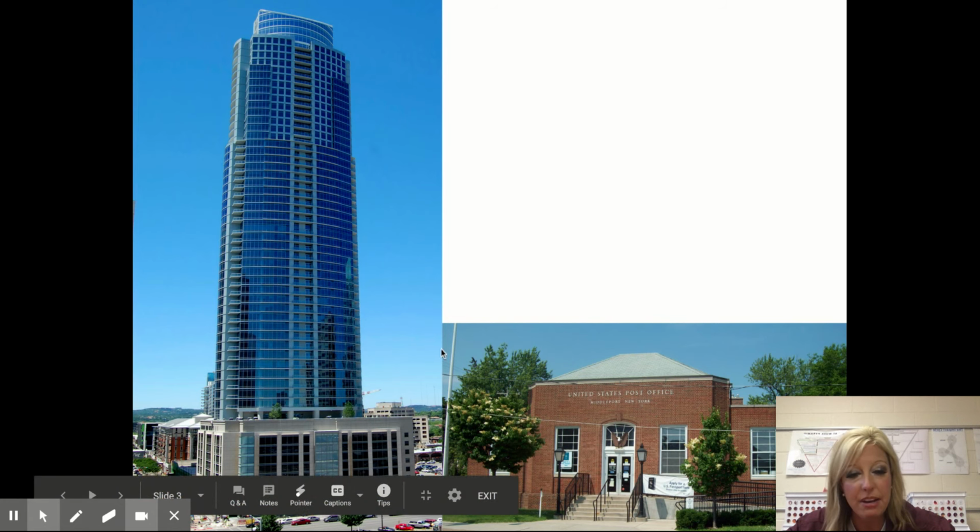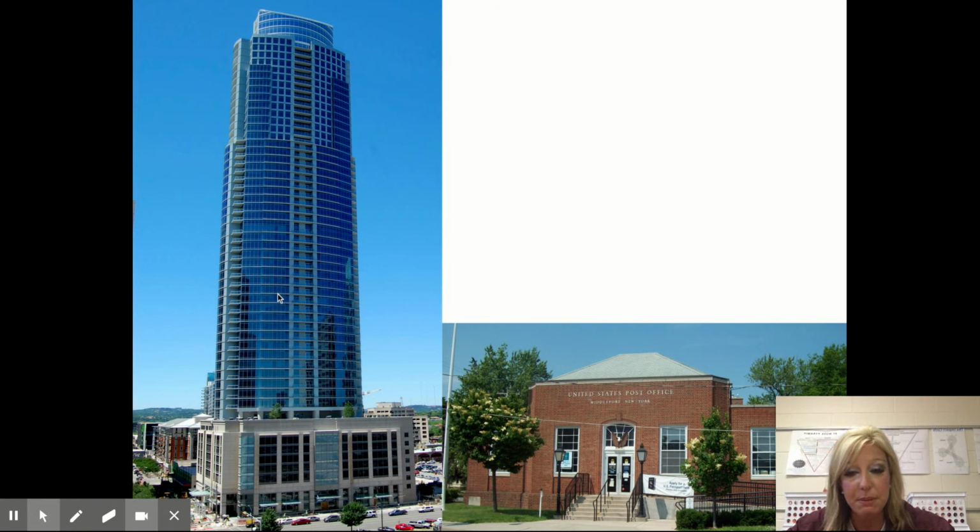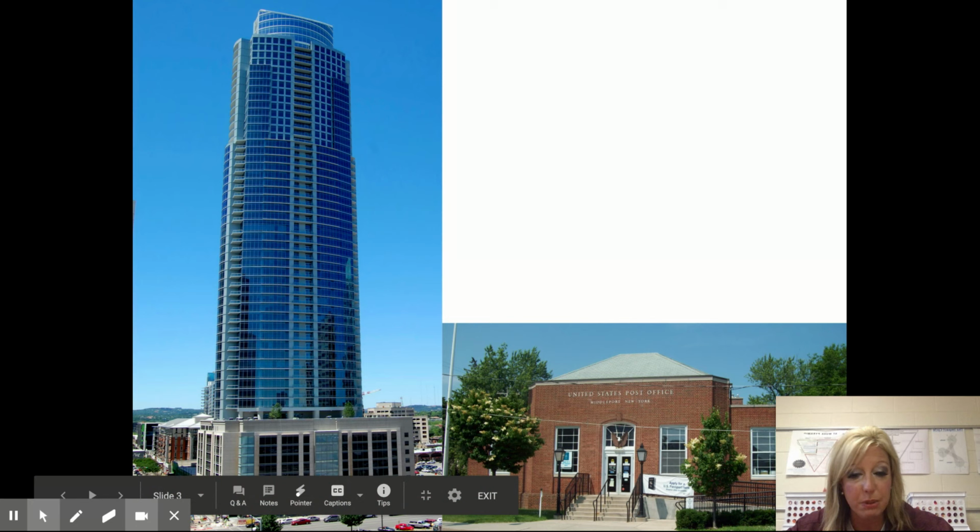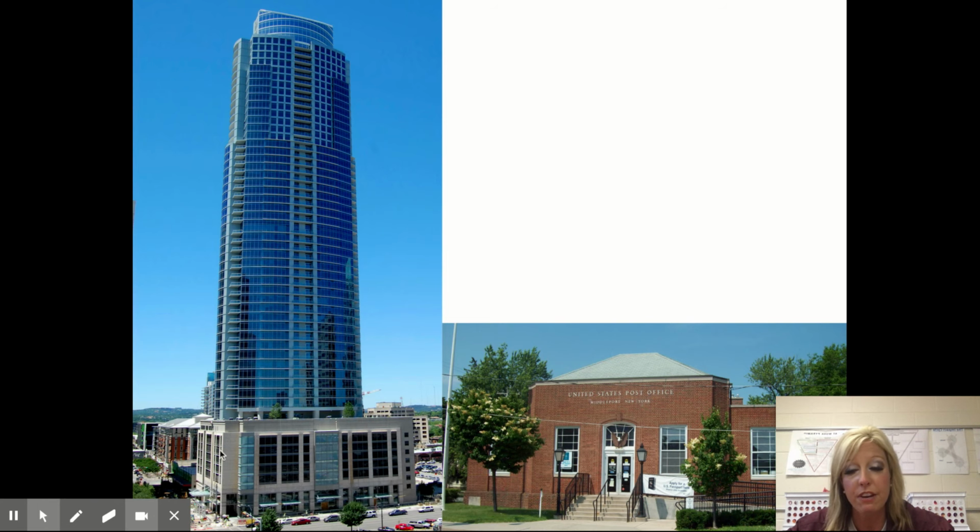When thinking about it, this building appears to be shorter than this building. So if we were looking at this in terms of taller than or shorter than, we could say the building over here is taller than the United States Post Office building over here. Or we could say the building over here is shorter than the building over here.